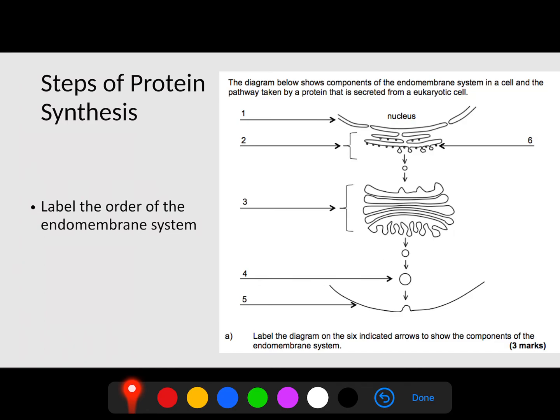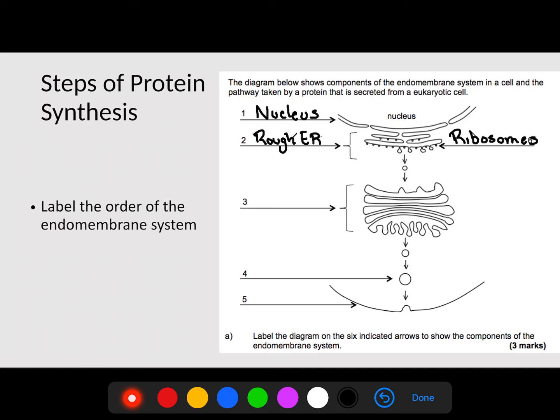So let's label the steps that we have here. Remember, when we're looking at this, we're looking at the order. Everything starts inside of the nucleus. This is where our DNA is stored. The information from the nucleus is transcribed into RNA and is sent to the rough ER. The rough ER has ribosomes attached where this information is turned into proteins.